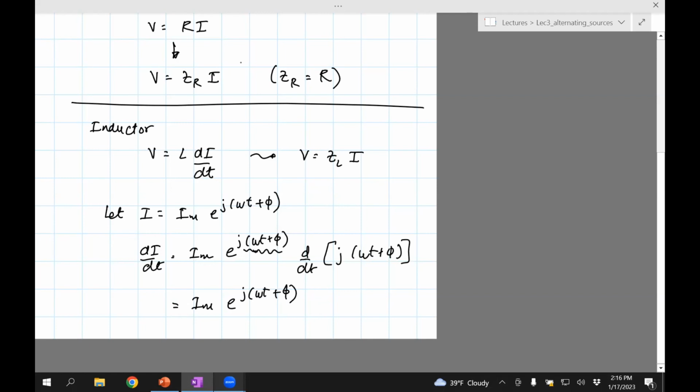The derivative of j(omega t plus phi) is just going to be j omega, because phi is a constant, so that becomes 0. So with this expression, now we can substitute it in this formula.